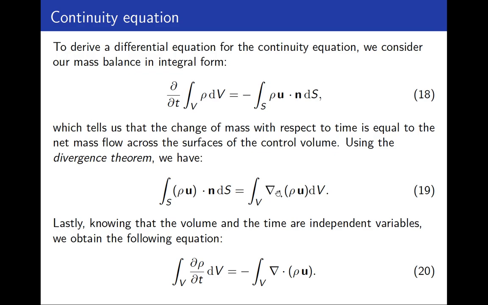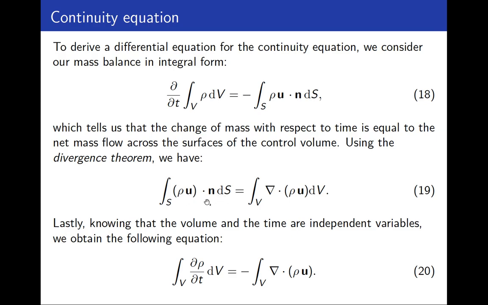The divergence of this vector quantity gives us the mass flow of the fluid at a point. If we sum the mass flow over all points of the control volume, this gives us the total mass in the volume. This is going to be equal to the flux of mass across the surfaces of the control volume.